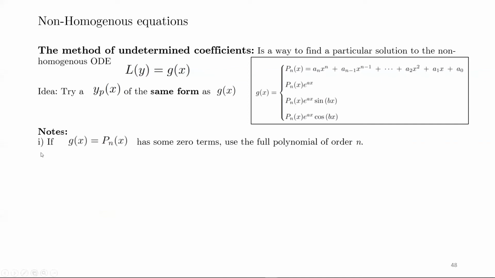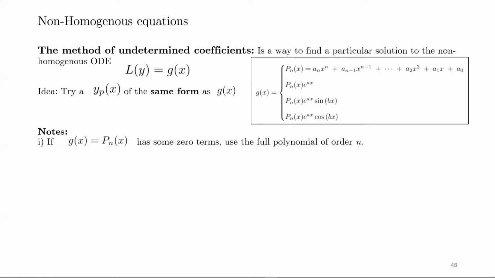Firstly, if g of x is an nth order polynomial, and if this polynomial has some zero terms, we still have to use the full nth order polynomial as a test function. For example, if my right hand side g of x was just x squared, there's no x terms, there's no constant terms, then my test function y of p still should be a times x squared plus b times x plus c.